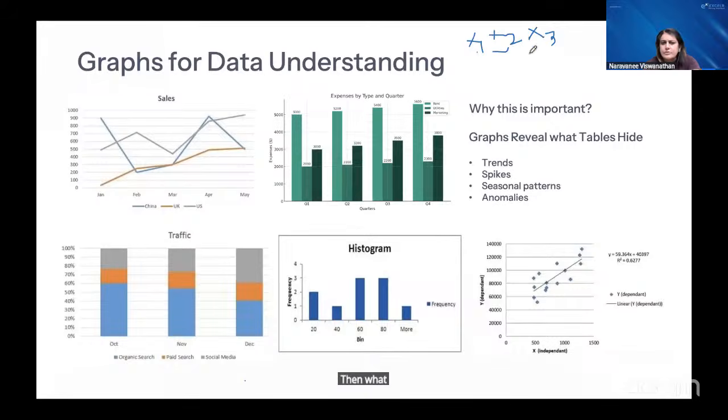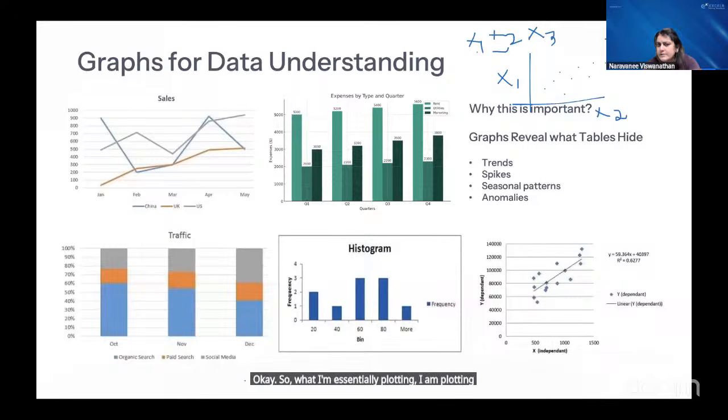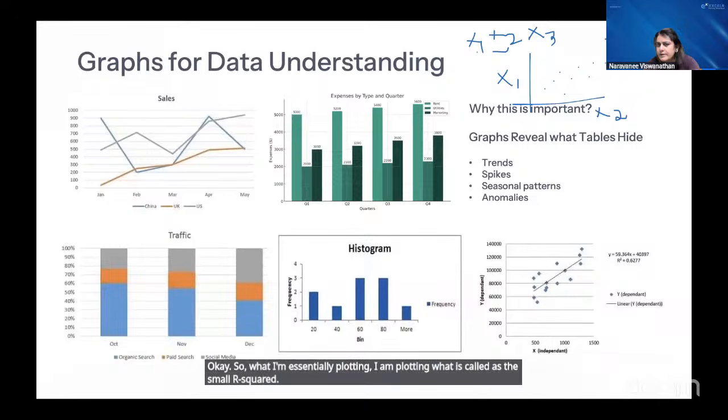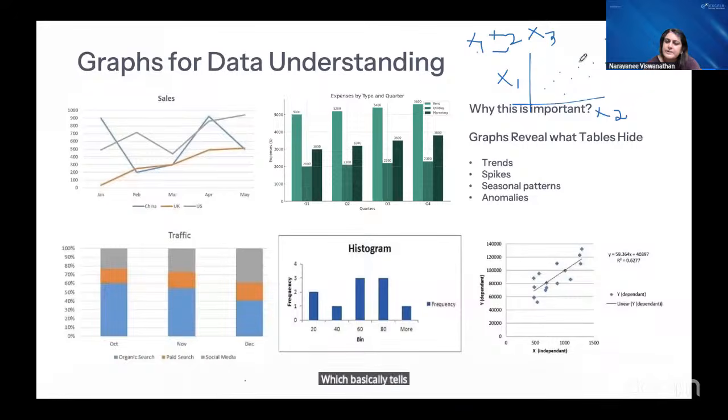Then what I will do, I will draw a scatter plot. So in a scatter plot, I basically just have x1 and x2 as x and y axis and I start plotting it. So what I am essentially plotting is what is called the small r squared, which basically tells me that if x2 increases, is x1 also increasing? That is all it is measuring.